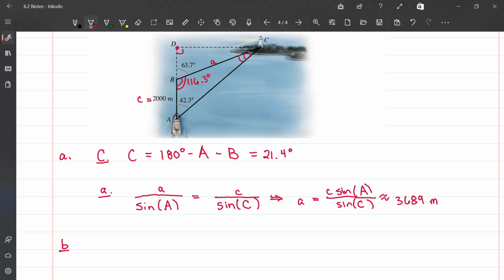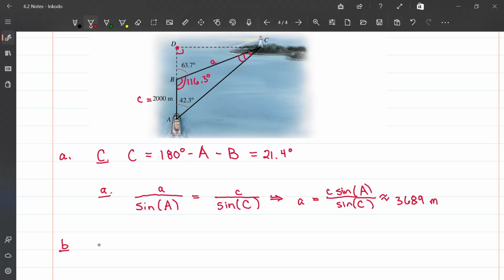So, if I want to get the length of the side between them, and I have a right triangle and a hypotenuse, surely what I should be doing is saying, hey, look, sine of this angle here, 63.7 degrees, is the side I want divided by the hypotenuse.